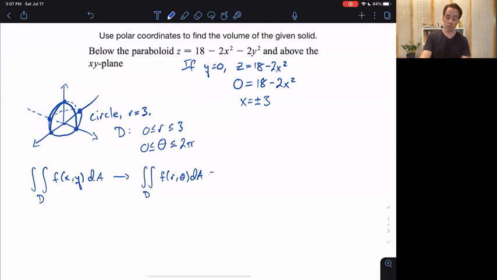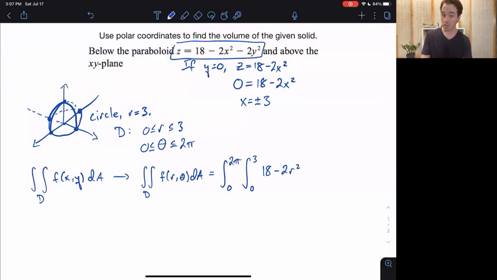So this is going to be integral. It's customary to do theta last. So we'll say that's the outer integral from 0 to 2 pi along theta, from 0 to 3 along r. And this is 18 minus 2 times quantity r squared, because that's what that is, right?